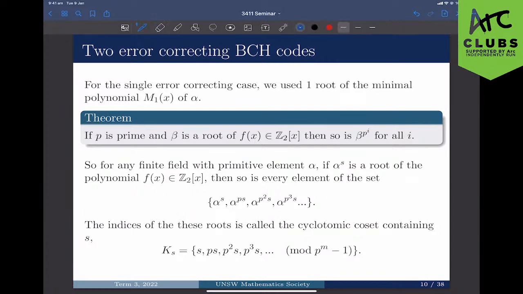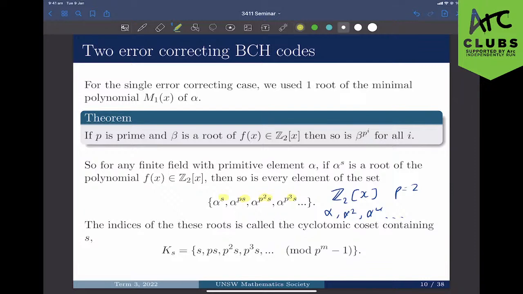So most of the time, we look at Z2[x], so p is 2. So if we usually have alpha as one of the roots, then alpha squared, alpha to the power of 4, and so on are also going to be roots of our minimal polynomial m1(x). And so we're interested in the indices of these powers of alpha.